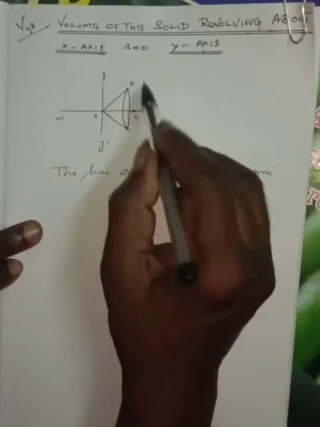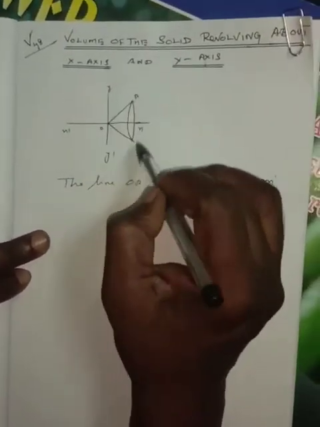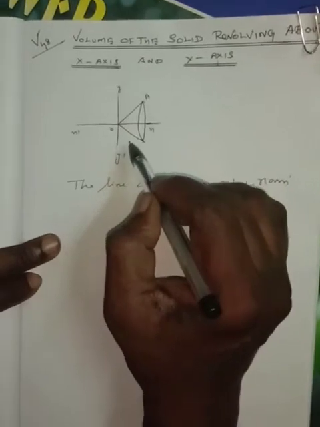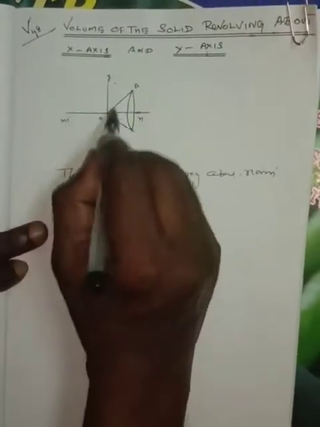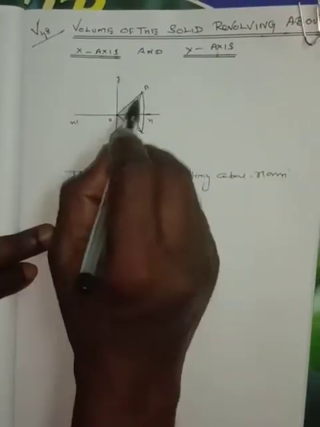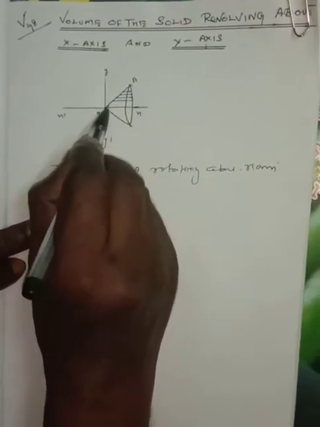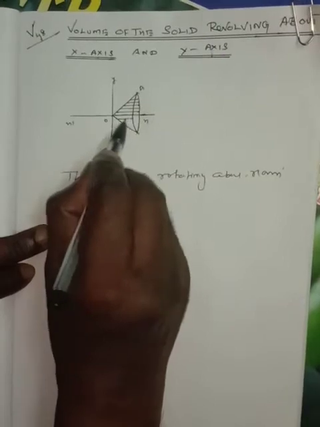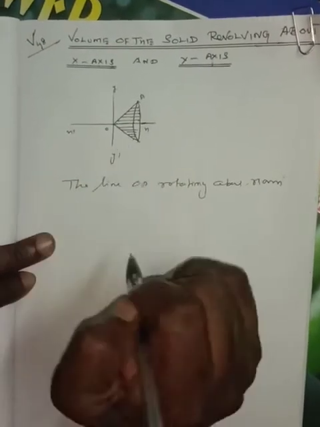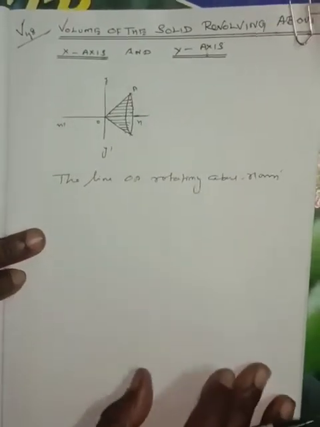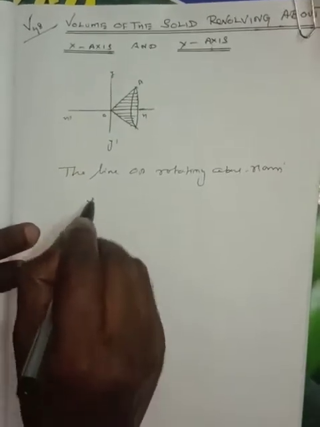The cone is rotating about x-axis. Now we want to find the volume of the cone revolving about x-axis. This is a cone. Find volume of the cone.